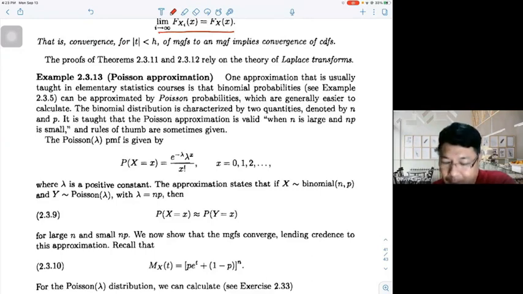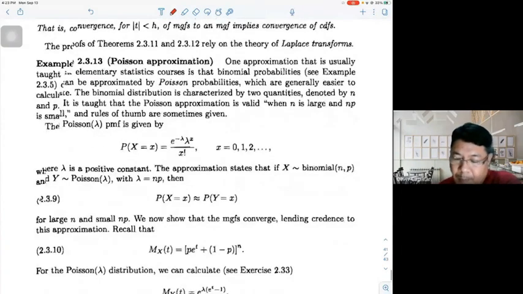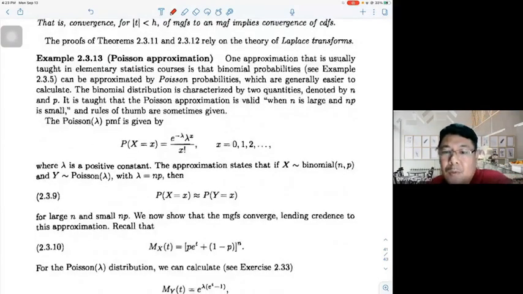So the Poisson approximation is valid when the number of trials is large, as n approaches infinity, and the product np, that means the mean, is small. If the mean of the random variable having a binomial distribution is small, then we can use this approximation.